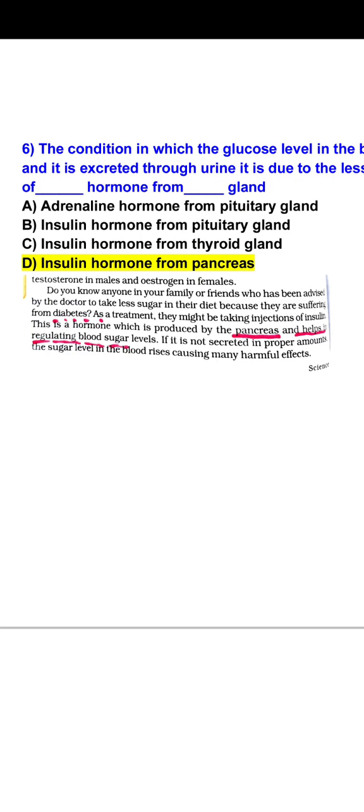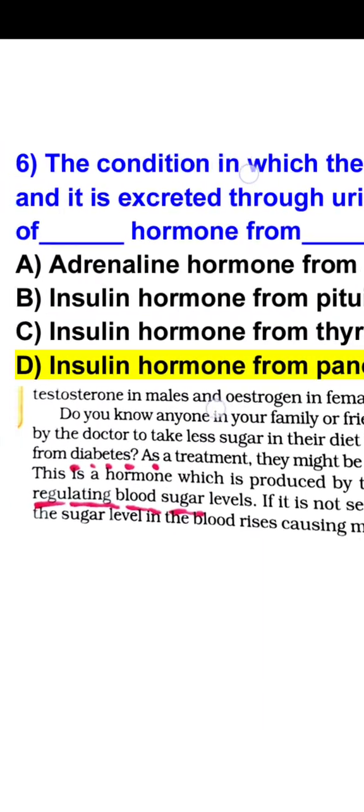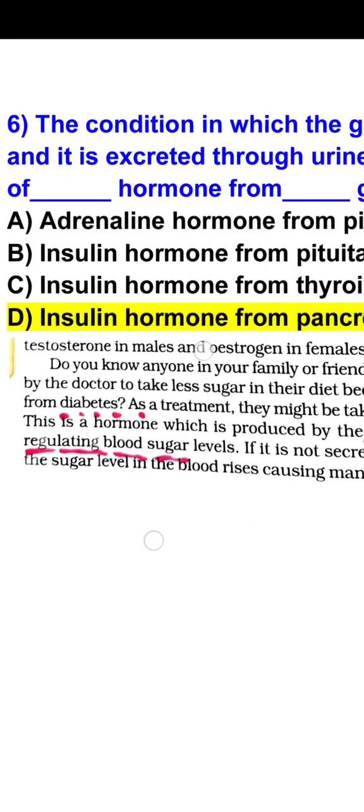You should know all the hormones and their respective glands also. Here, the hormone which is less in the patient's blood is the insulin hormone, and the gland which releases insulin is the pancreatic gland or pancreas.